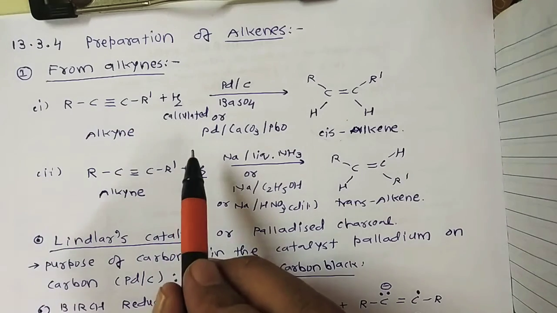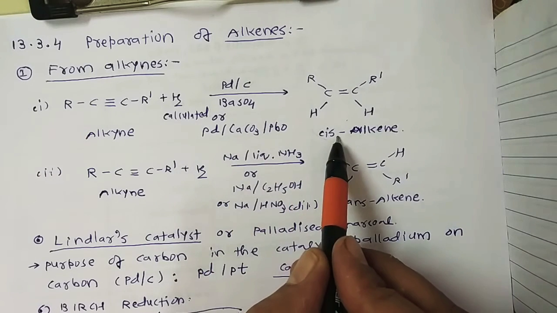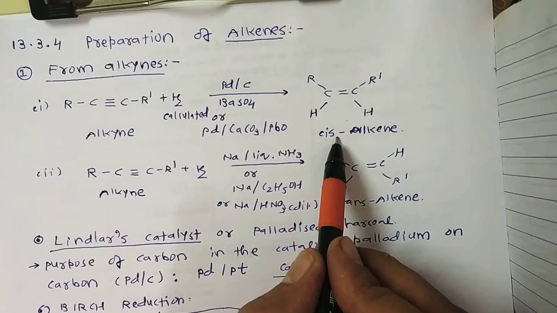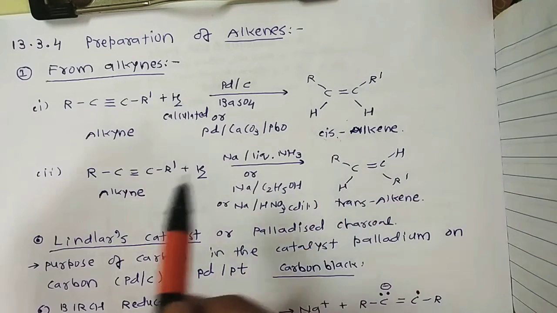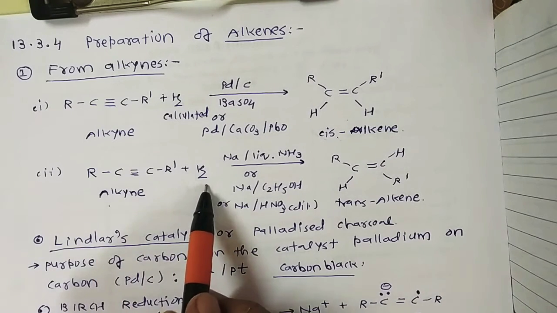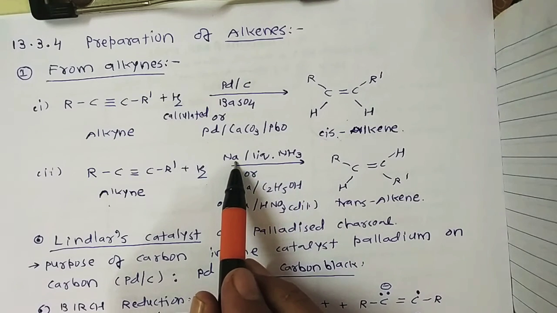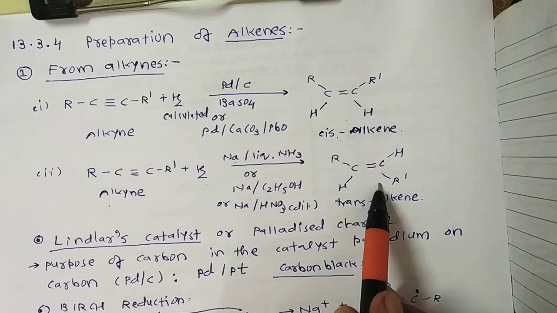Sometimes palladium on calcium carbonate is also used to form a cis alkene. Now the other portion: when an alkyne undergoes partial reduction in the presence of liquid ammonia with the help of sodium, it is converted into trans alkene.